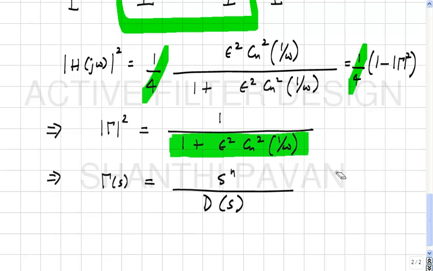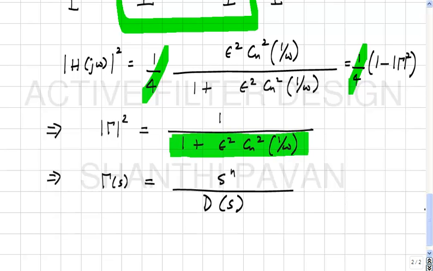This is just the standard inverse Chebyshev denominator. All that you need to do is make sure that the peak value never goes beyond 1. Depending on the way you extract it, you can end up with d of S getting multiplied by a constant. You have to make sure that the peak value of gamma of S never exceeds 1.